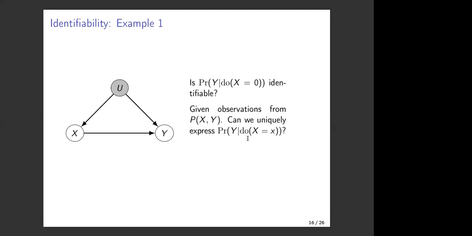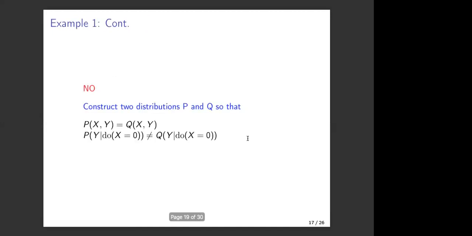That is, given observations from P(x,y), can you uniquely express the probability of Y given do X? What I'm going to show you is that the answer is no.